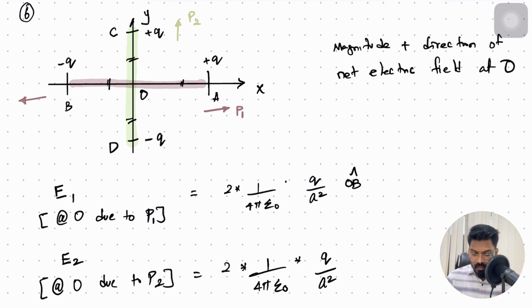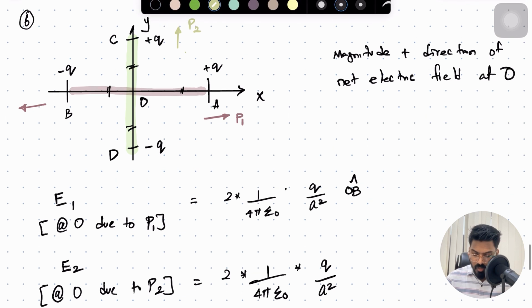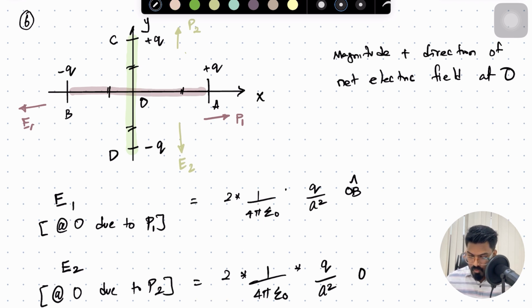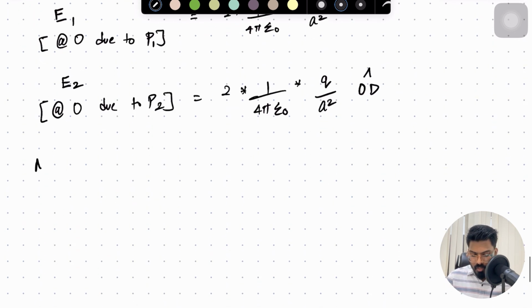And here again, the dipole moment is acting upwards, so we will be experiencing E2 in this direction. So this is E1 in this direction. So I put this as OD cap.